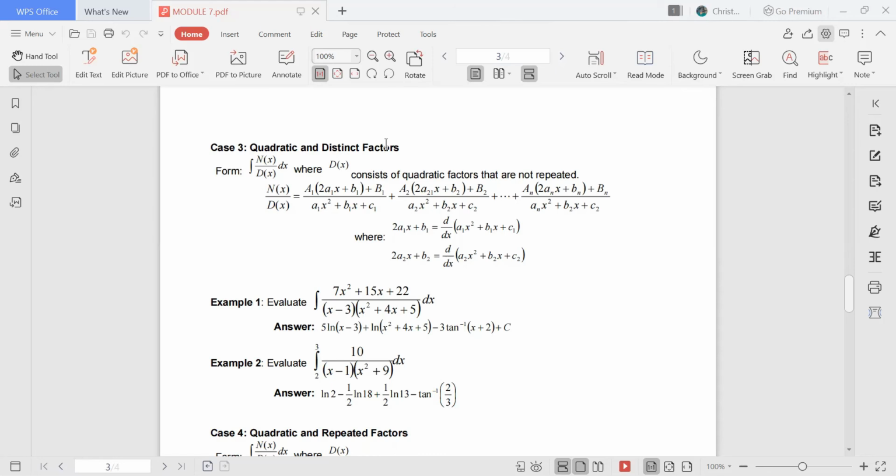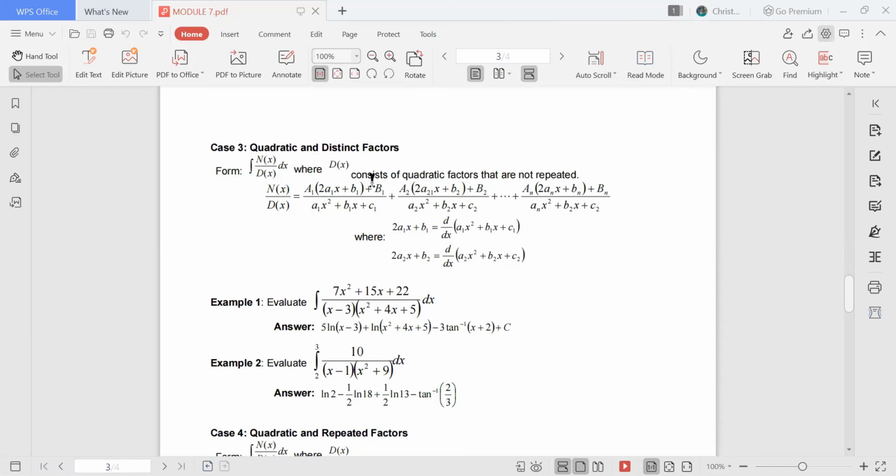Kanina kasi a over the factor, the first factor, plus b over the second factor, up to a sub n over the factor. Right? Here, kailangan ng kunin ang derivative ng numerator, the value of a, plus magkasama na a and b.